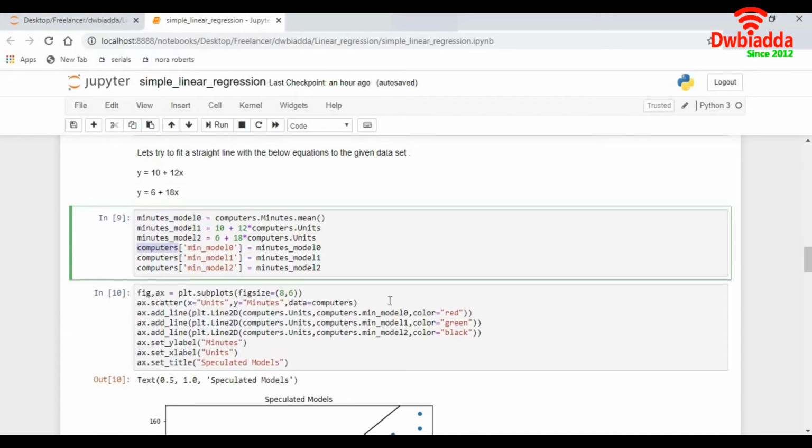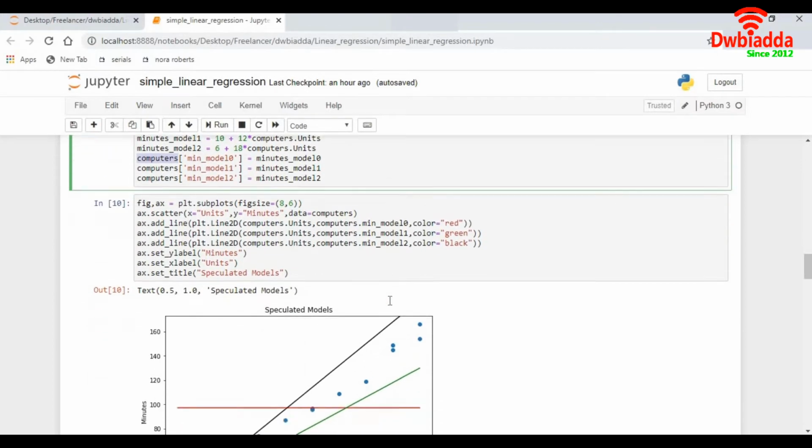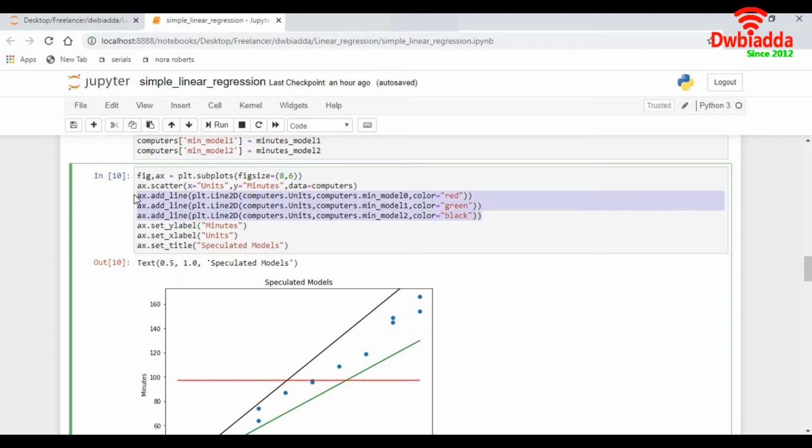Let's try to have a scatter plot for all three models. First, I do a scatter plot of the normal variables of the data set, and I draw three lines on this scatter plot, one for each of the predictions I made right now.